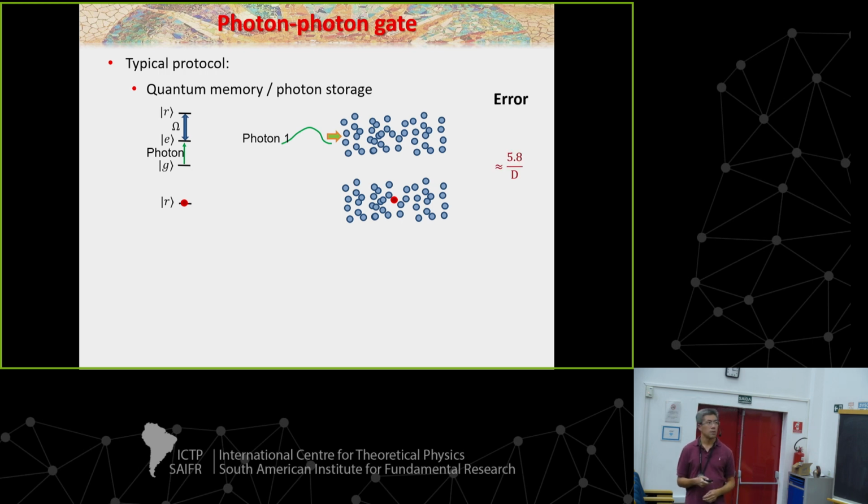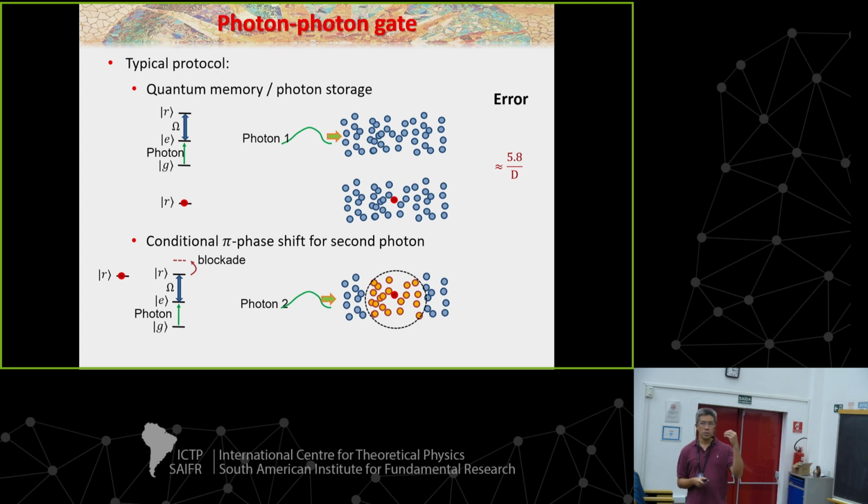And that error will be kind of 5.8 divided by optical depth. The point is that once the atom is in this high-lying Rydberg level, it exerts very strong interactions on all the atoms around it. So it can actually modify the optical response, or refractive index, if you will, not of just that one atom, but of some macroscopic region around it.